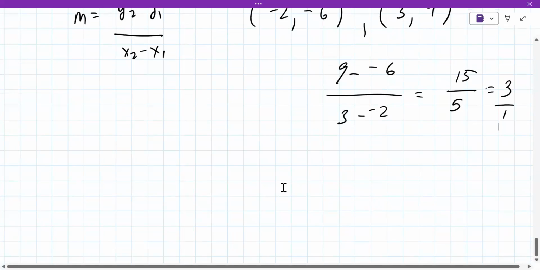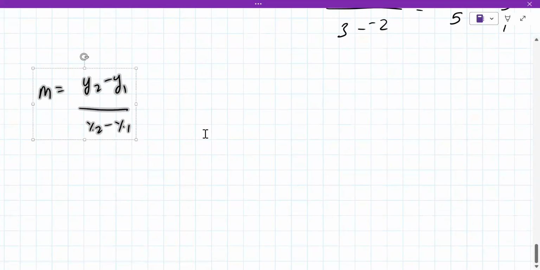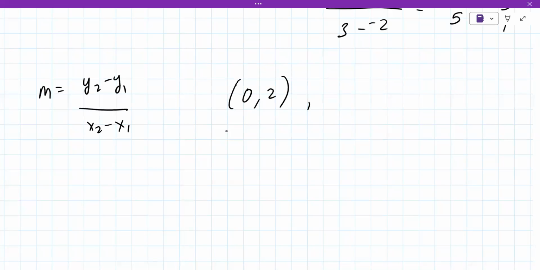All right, come on, we gotta get this down. This is not impossible. We're not building an electric vehicle. All right, let's try another one here.